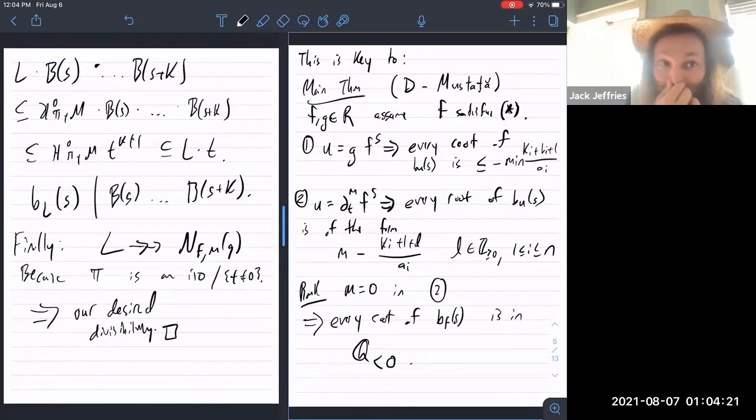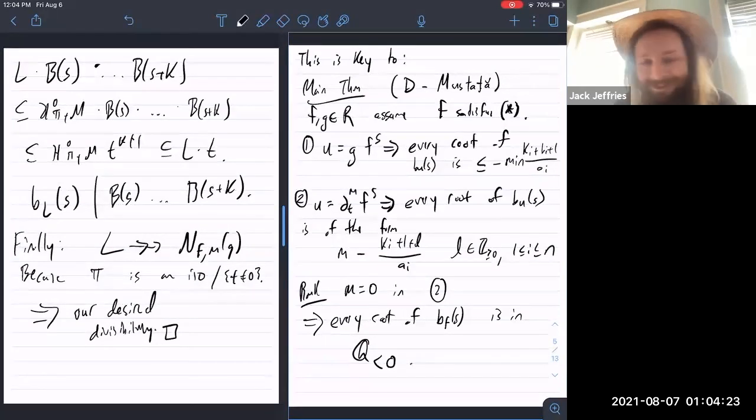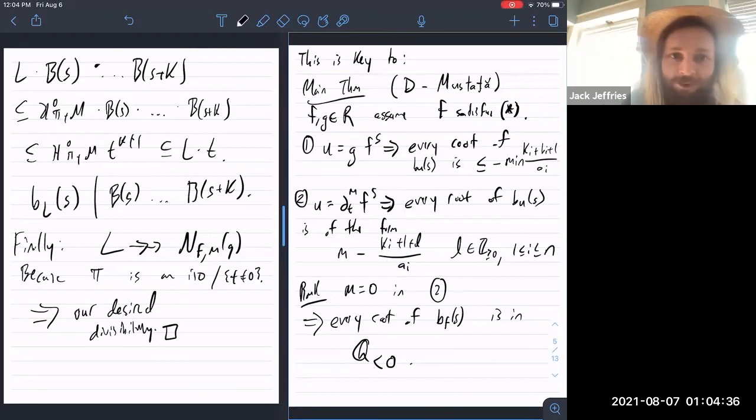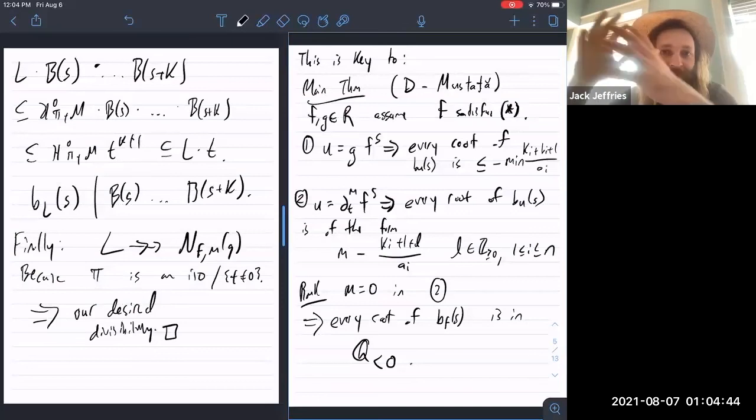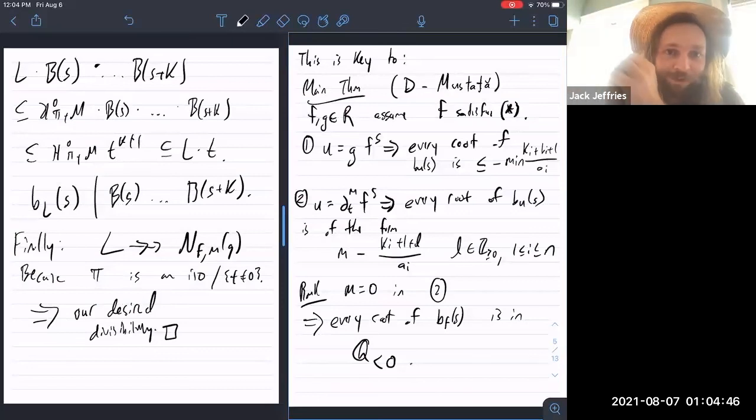Are there any questions for Brad? So I have a kind of vague question. Following this approach, is it ever possible in examples to understand the roots completely by analyzing the resolution, or is that kind of hopeless?